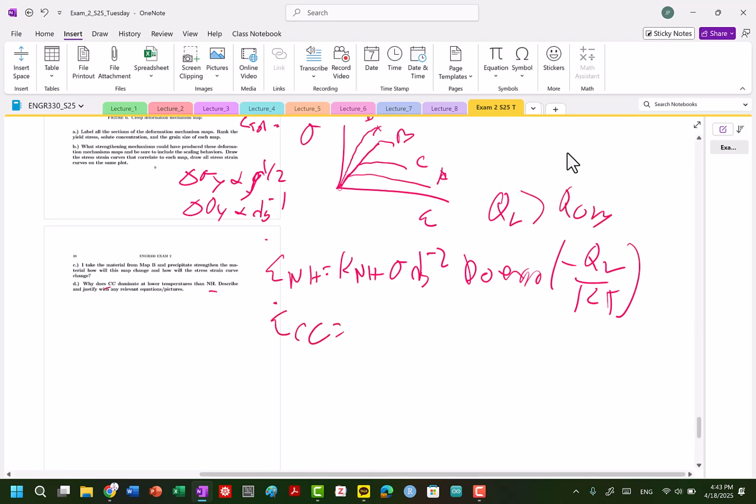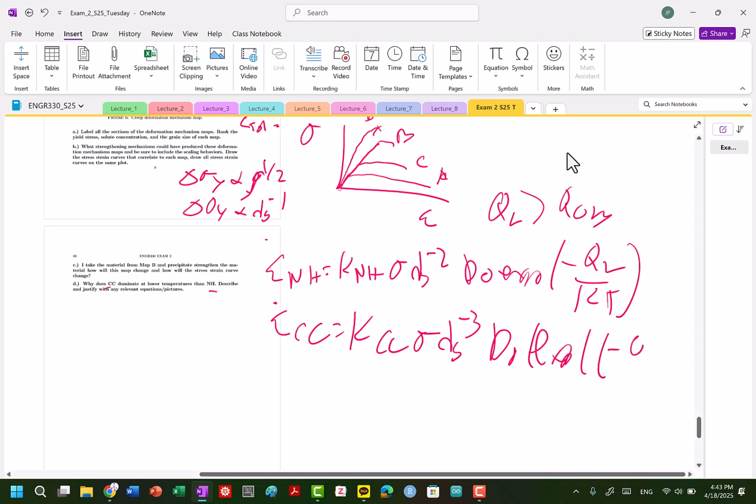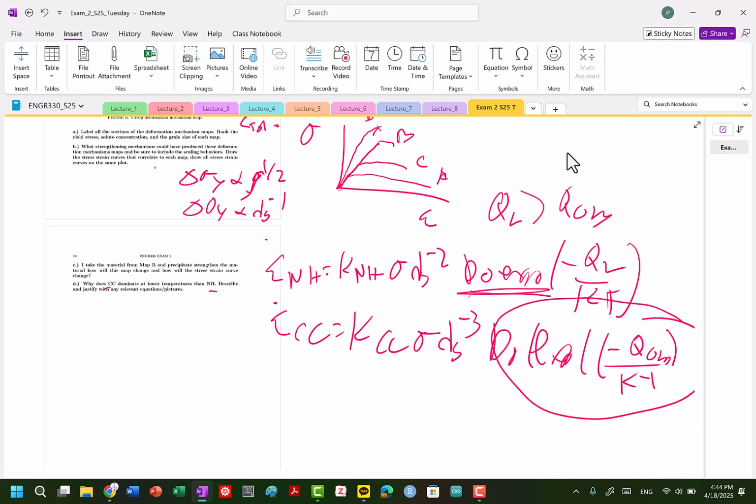So if I look at Coble, stress dg to the -3, and actually minus Q grain boundary over KT, we're always moving faster in this diffusive component than compared to here. So in terms of when this region will dominate, this term should dominate at lower temperatures because it's able to move faster because of that lower activation energy.